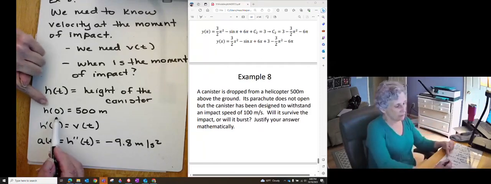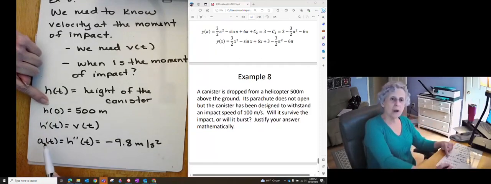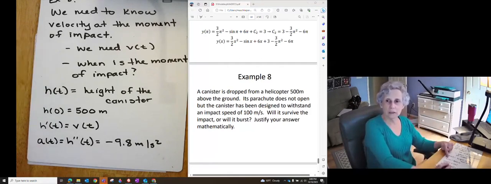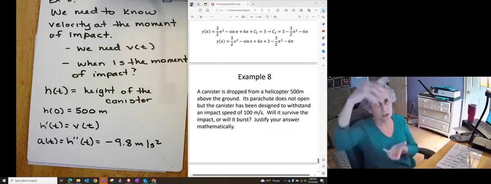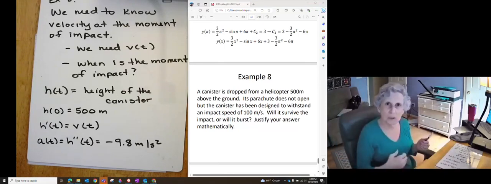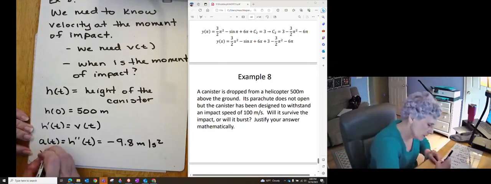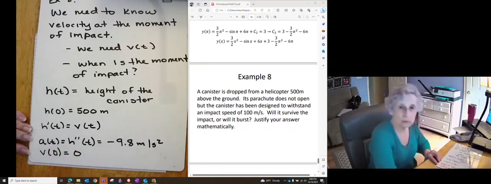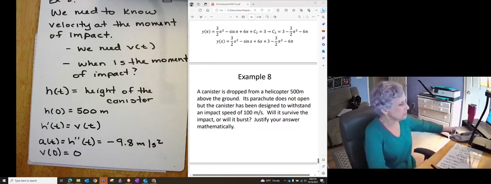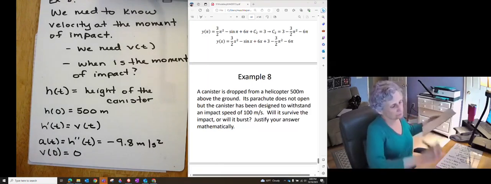Now, I have an initial height. Do I have an initial velocity? Well, it says that the canister is dropped. It's just dropped. It's not thrown. So velocity at time 0 is equal to 0. So here's my initial value problem.